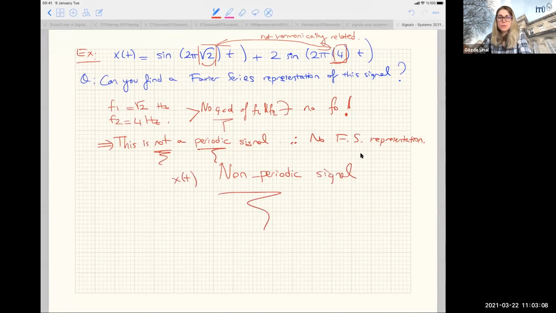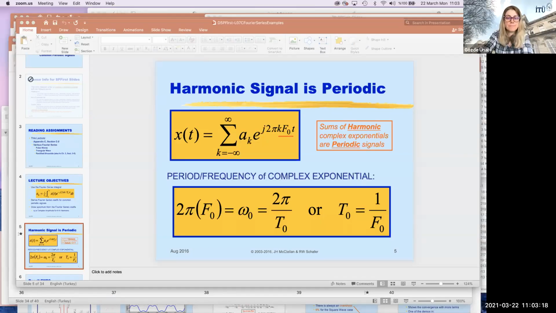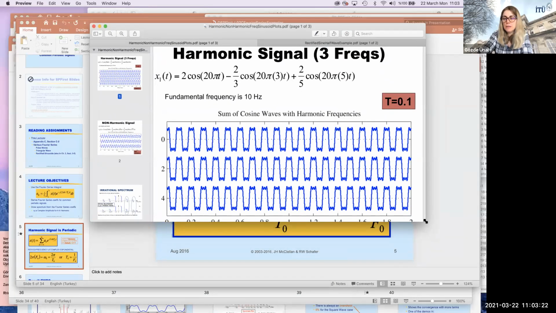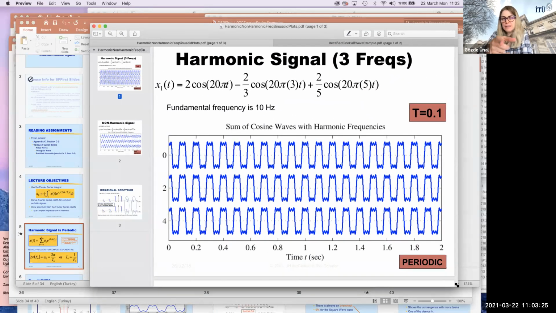Okay? So now let's go to the slides. This is also in the slides, but I have saved this separately just to show this is important. I wanted to open it up in my tablet, but now it's on the laptop, so I won't be able to write, but you see my mouse, right?